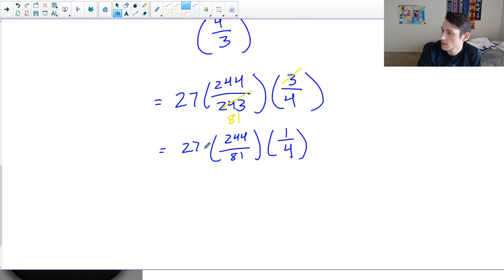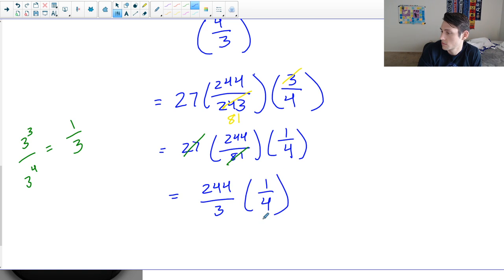27 and 81, those can simplify because 27 is 3 cubed. 81 is 3 to the 4th. So if I divided those, I would just be left with 1/3, times 1/4. 244 and 4 should be divisible. 244 should be divisible by 4, and it is.